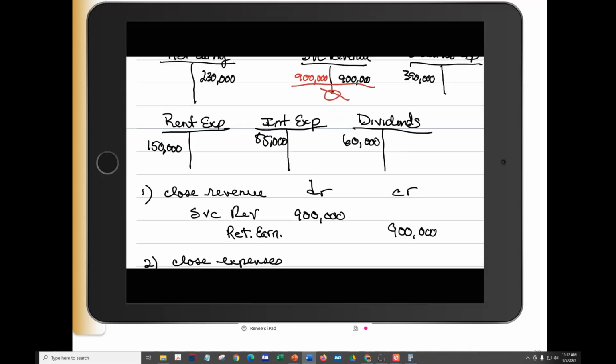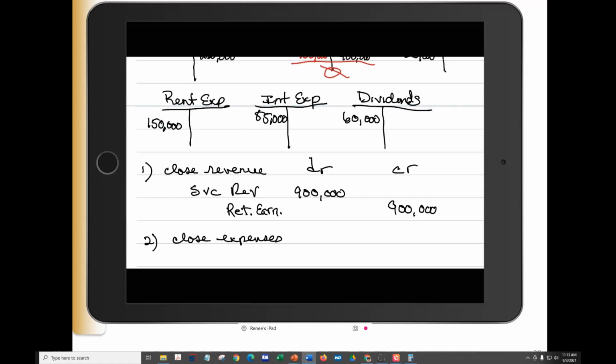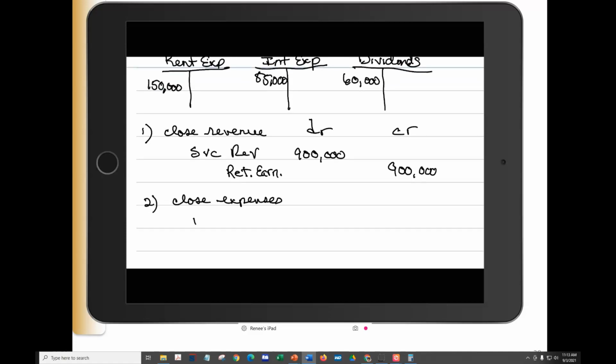I have salaries expense, rent expense, and interest expense, and they all have debit balances. How do I make them zero? I need to credit them. What will I debit? I'll debit retained earnings.